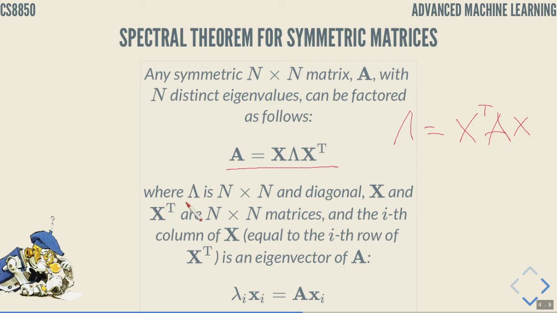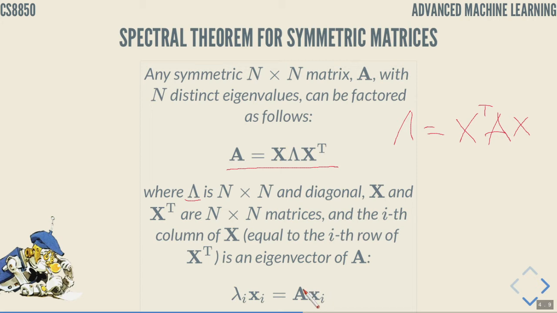And the matrix lambda is also n by n, and it's diagonal. X and X transpose are n by n matrices, and the ith column of X, which equals the ith row of X transpose, is an eigenvector of A.